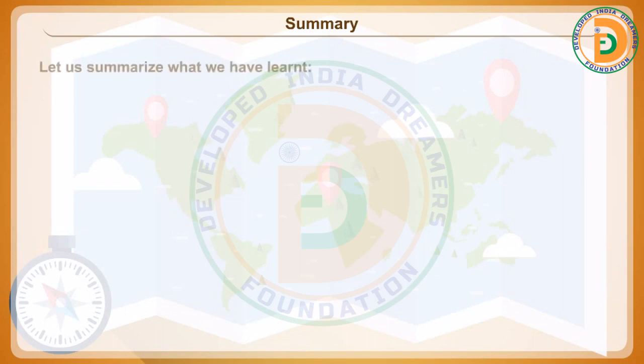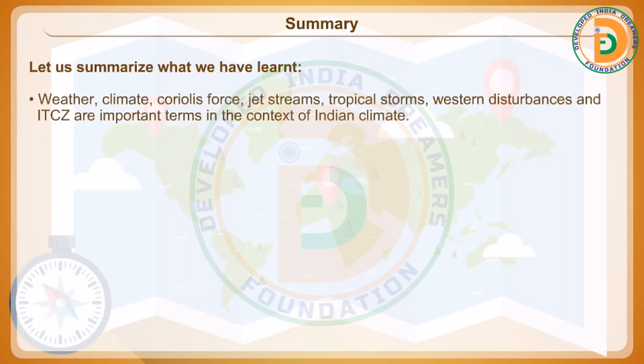Summary. Let us summarize what we have learned. Weather, climate, Coriolis force, jet streams, tropical storms, western disturbances, and ITCZ are important terms in the context of Indian climate.